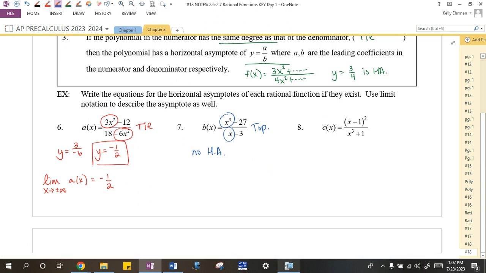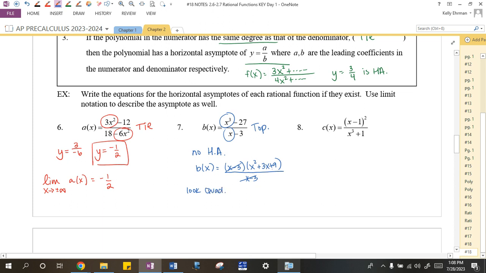And actually, you can look at some division to figure out, well, what if I do divide x minus 3 into x cubed minus 27? So let me just apply factoring the difference of cubes real quick. So b of x should look quadratic.